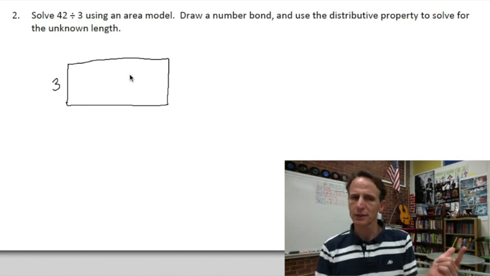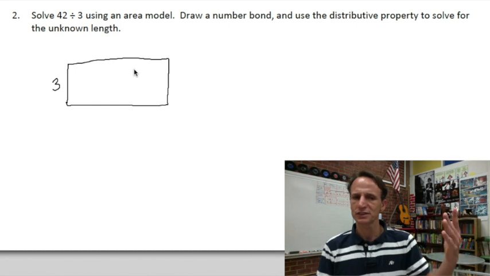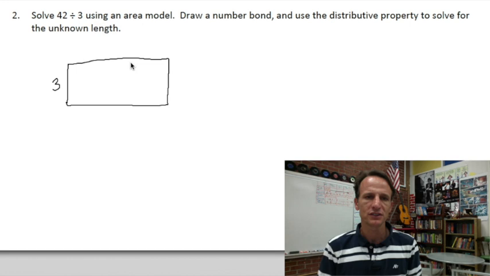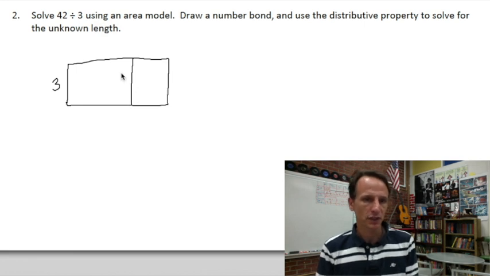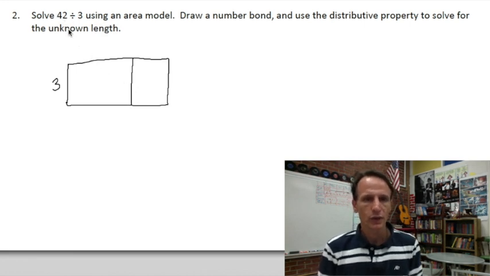If we do 3 times 20, then we're up to 60. That's above the 42. So when we go to partition it, we can split it into 30 plus 12.